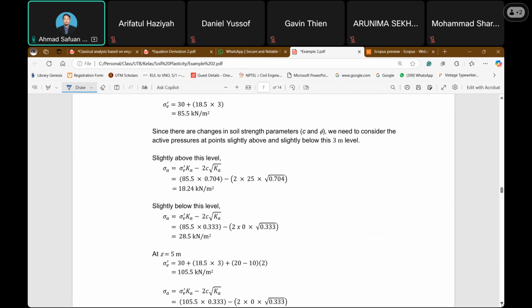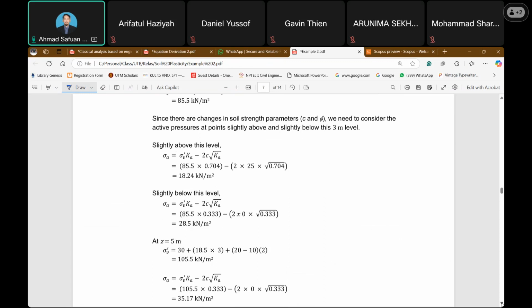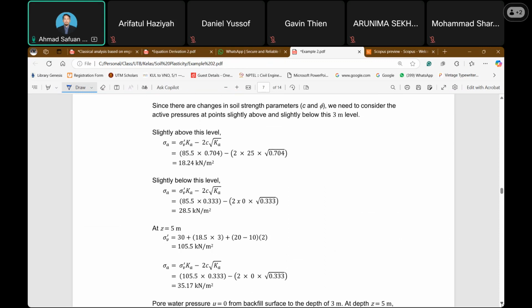At Z equal to 5 meters, sigma V is equal to 10.5. Then the active effective horizontal stress is equal to 35.17.